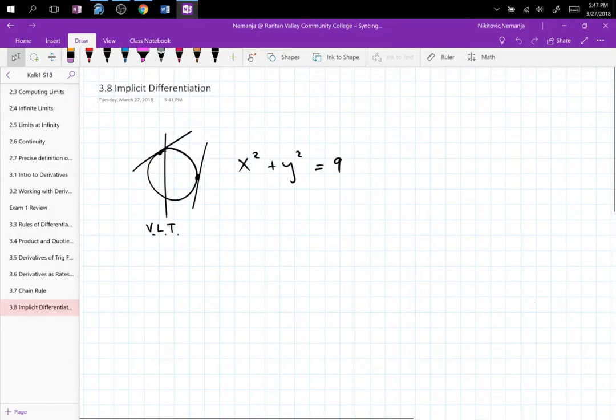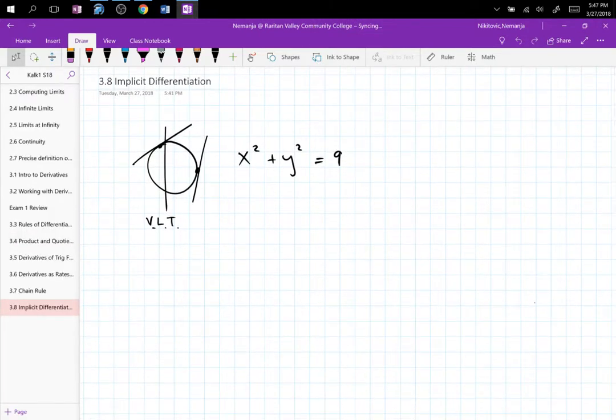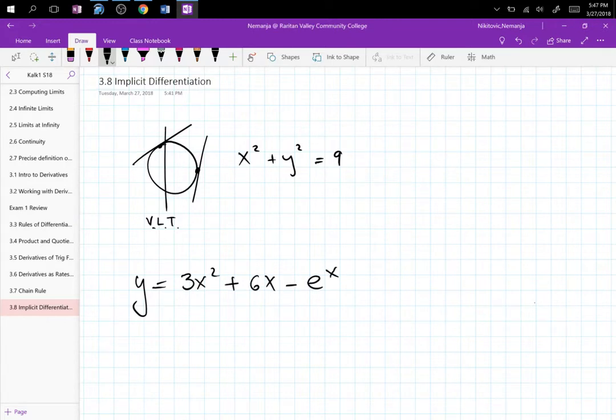So we start by first writing, let's say, y equals 3x squared plus 6x minus a to the x. This is something that will be called explicit form, because you have y equals everything else.